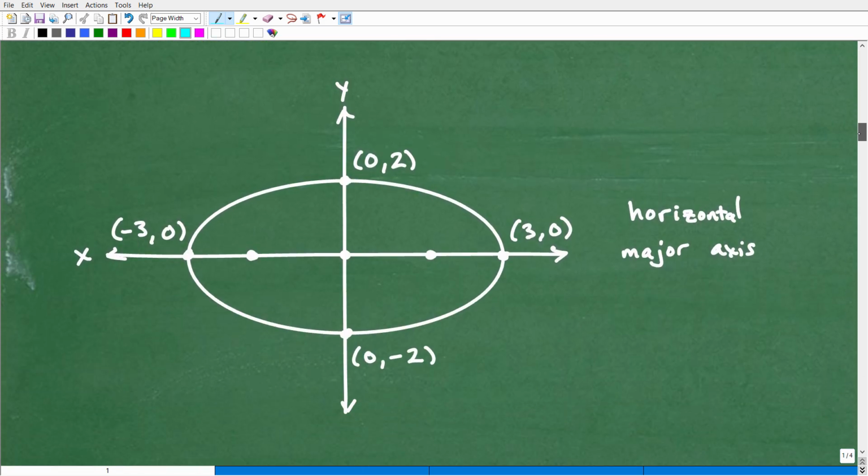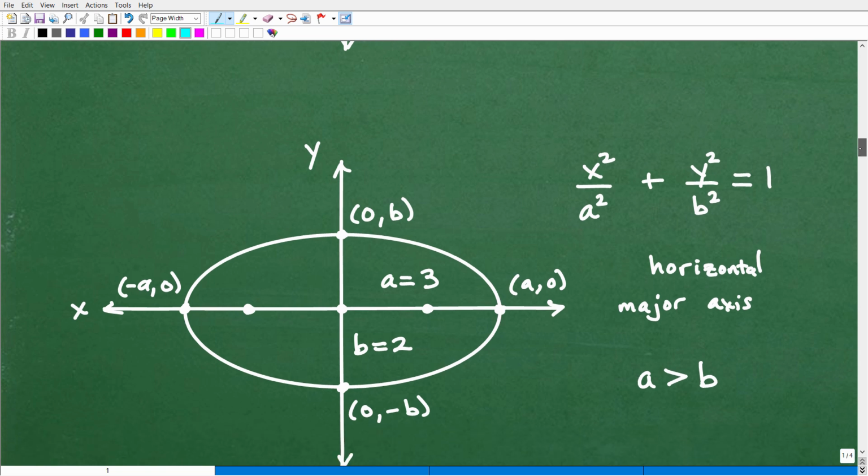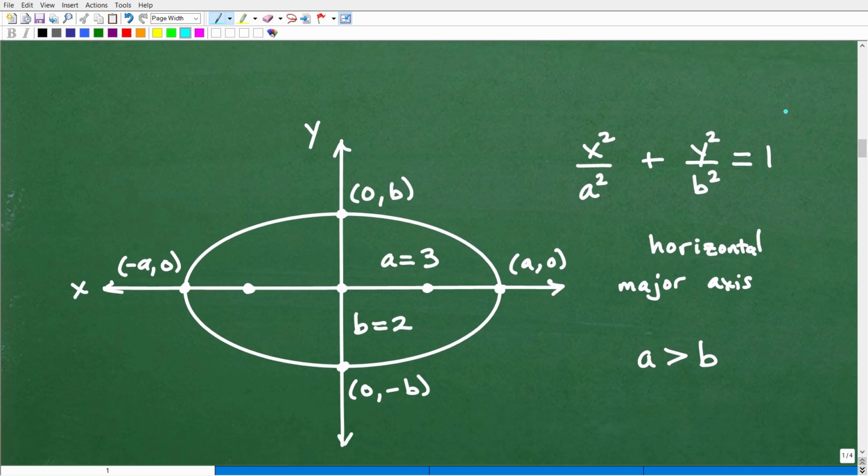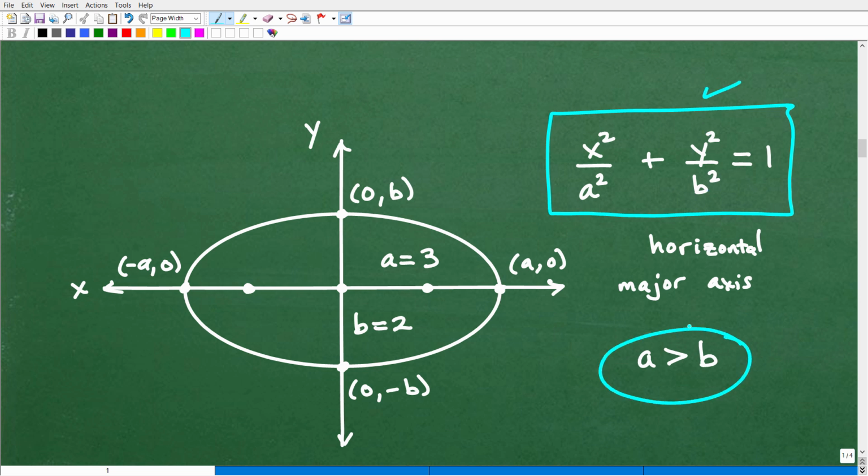All right, so here again is our situation, and this is the equation you need to know. Here is the general equation for an ellipse: x squared over a squared plus y squared over b squared is equal to 1, where a is greater than b, and a is always going to be on the major axis.